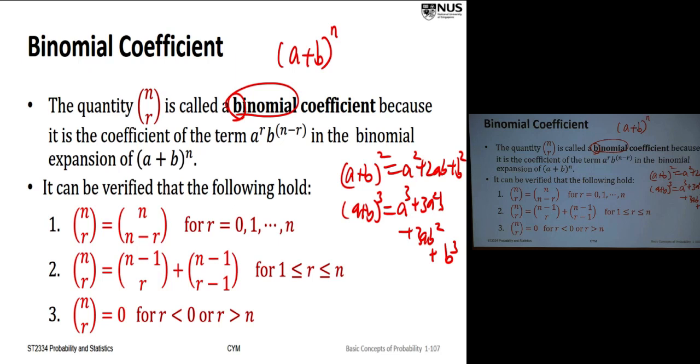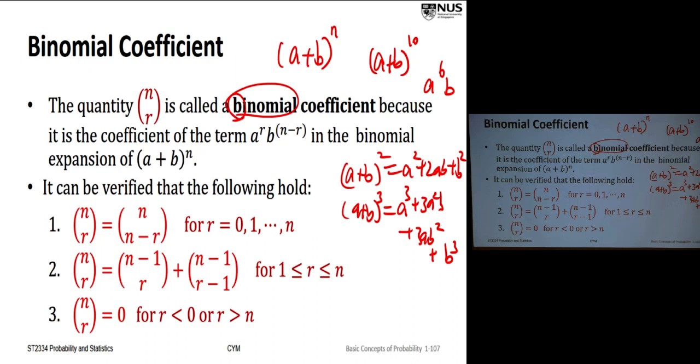How about power 10? How to write it down? What are the coefficients? We just apply what we just discussed, how to choose things. Consider (a plus b) to the power 10. What is the coefficient for a to the power 6, b to the power what?